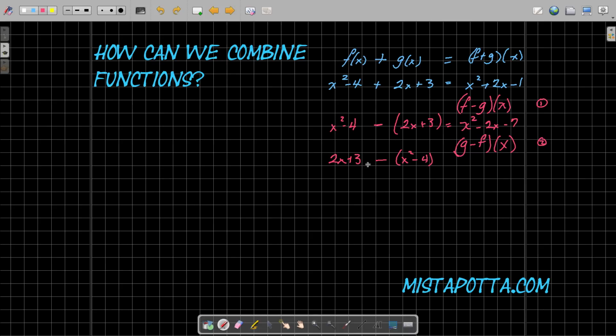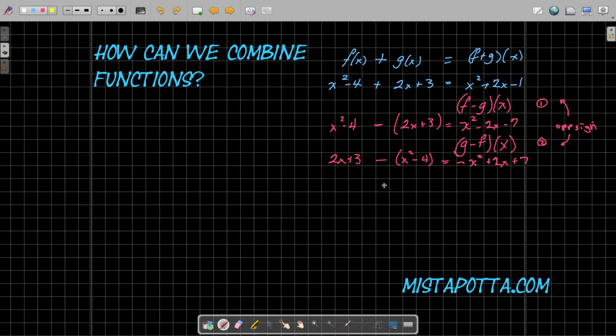So here I'm going to have 2x plus 3 minus x squared, and then really a plus 4. So I'm going to have negative x squared plus 2x plus 7. And one of the things you notice about these two functions is that they have the opposite sign.